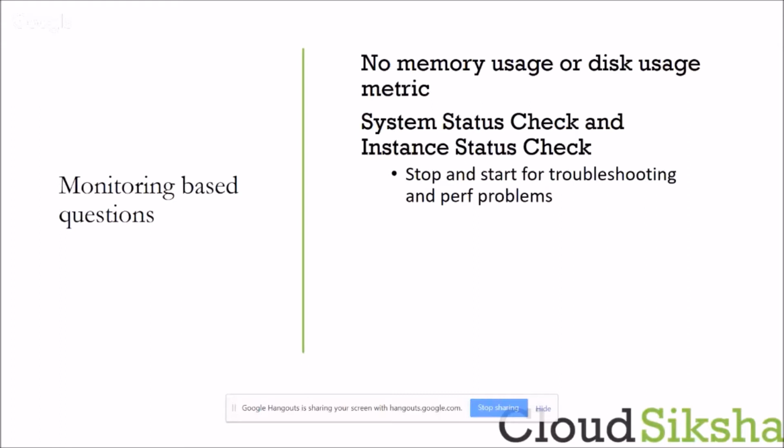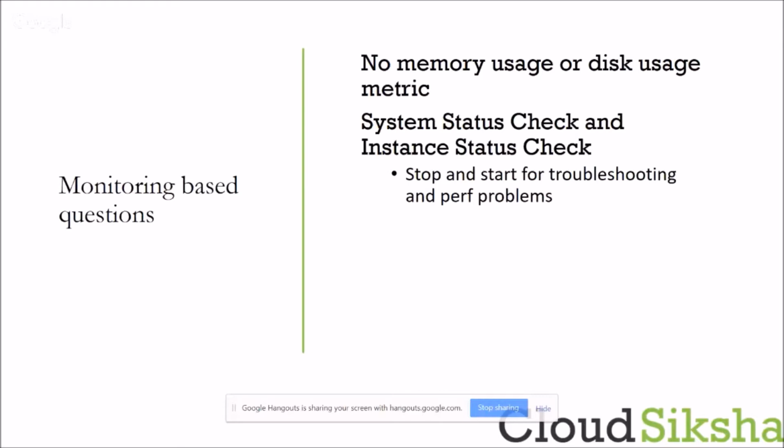So a question can appear that there is some problem in accessing your instance, or you see that the instance is not performing very well in the network and all that, and you go ahead and see the status check and you find that the system status check is having a problem. What would you do? If such a question occurs, then the answer is simple: you stop and start. Generally, when you stop and start, your instance will be placed on a different hardware.